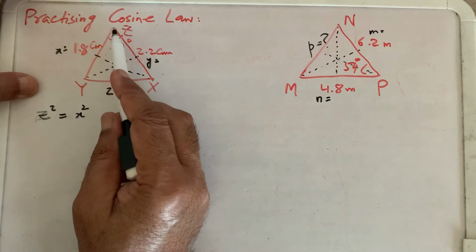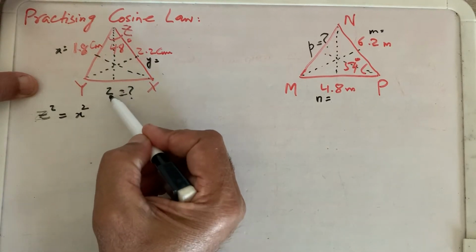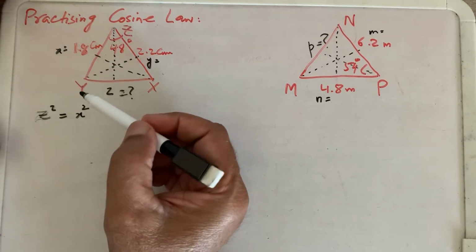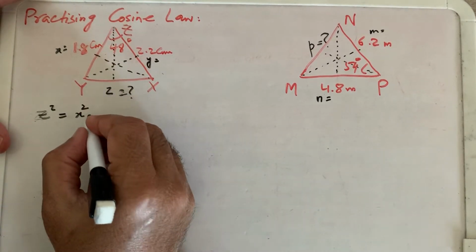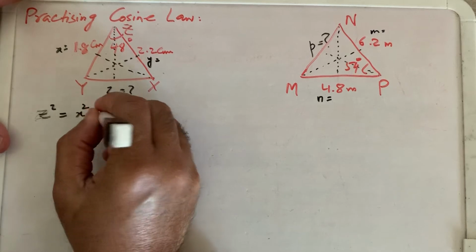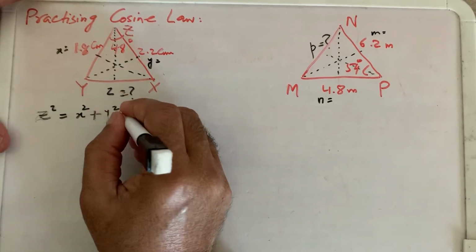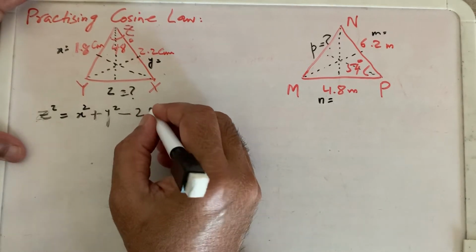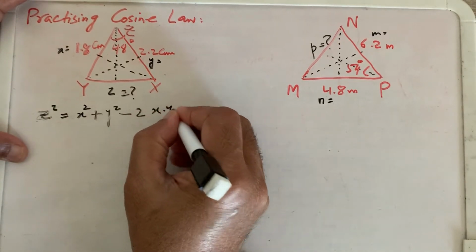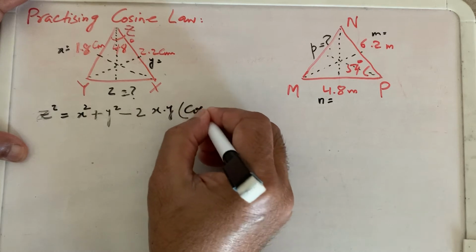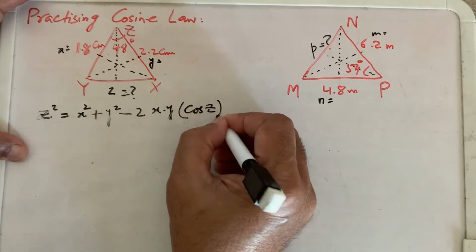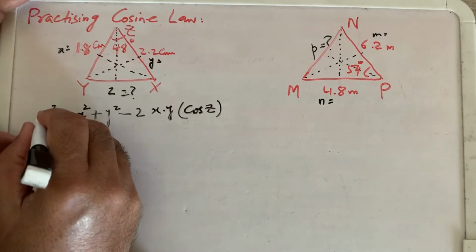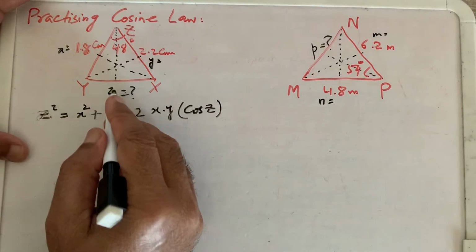The unknown side always starts with the square, is equal to the square of the two known sides, that is x square plus y square, minus 2 times the product of the two known sides x and y, times cos of the angle z. So whatever angle is here, the side is here, right? And what we need to find is z, this side.